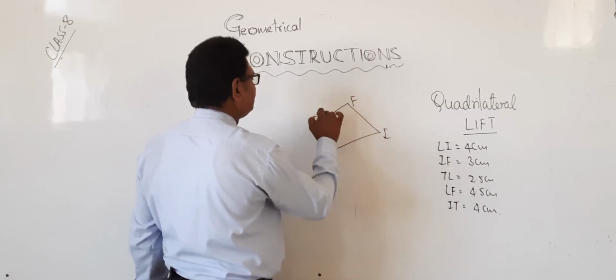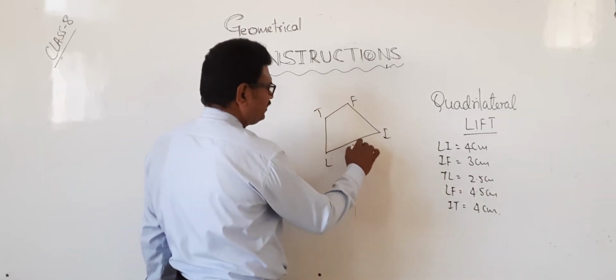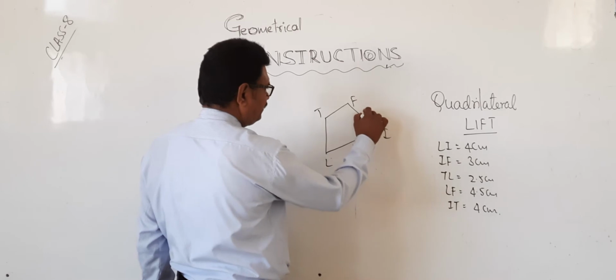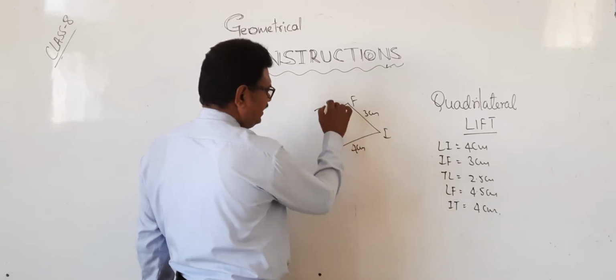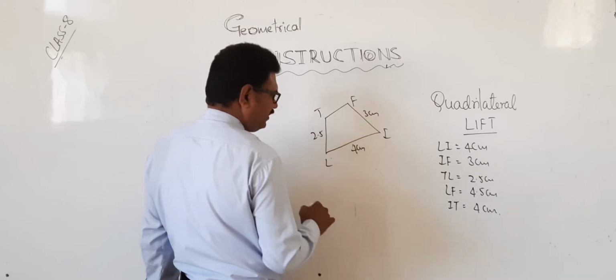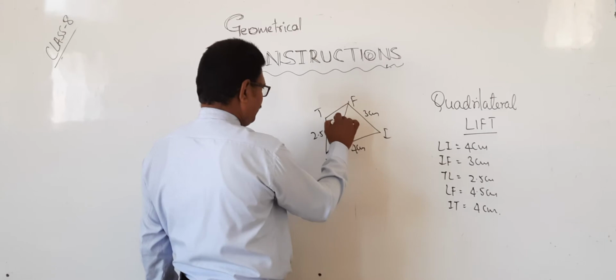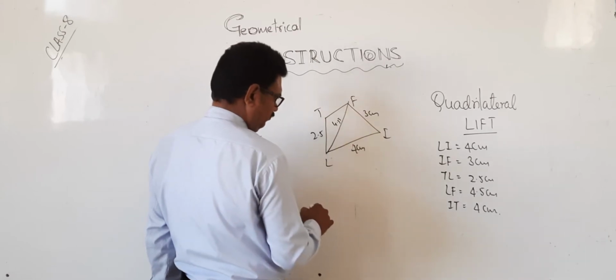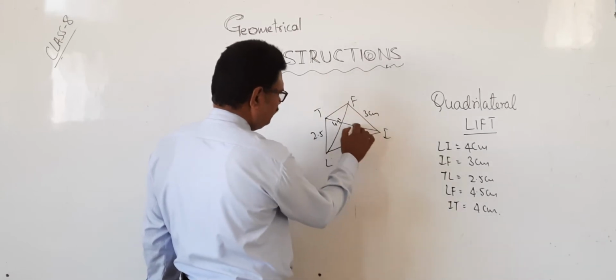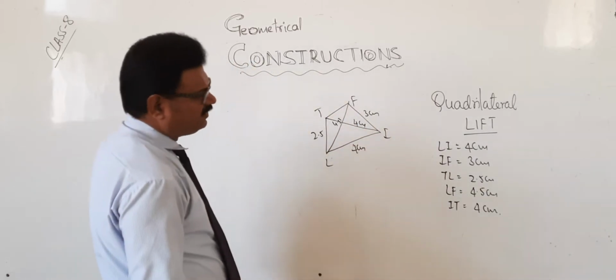LI is 4 centimeters, IF 3 centimeters, TL 2.5 centimeters, LF 4.5 centimeters, IT 4 centimeters. That means TF is not given, there is no problem.